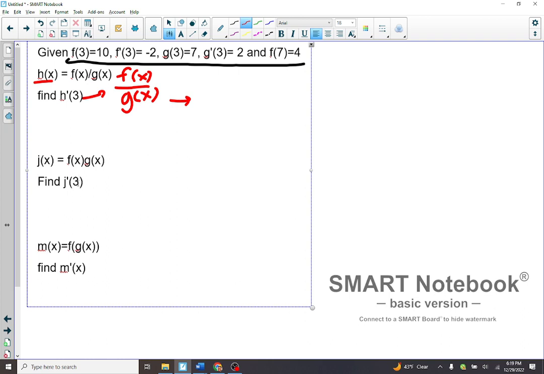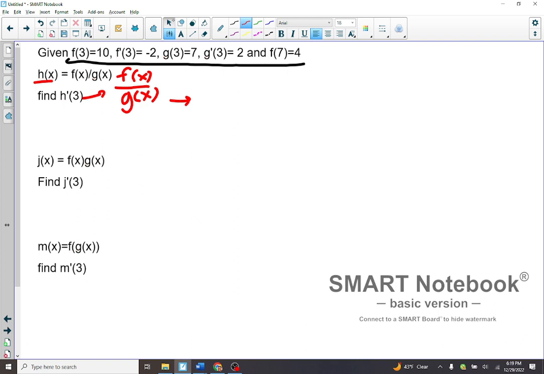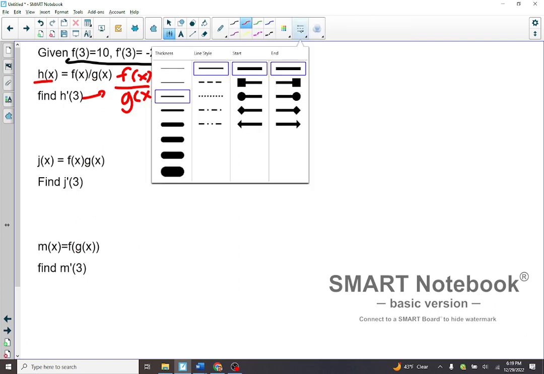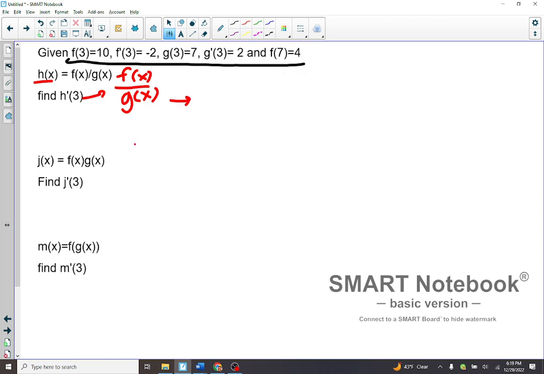So because it's a division, we're going to use the quotient rule to figure out what h prime should be. So to derive that, we're going to do the quotient rule. It's g f prime minus f g prime over g squared.